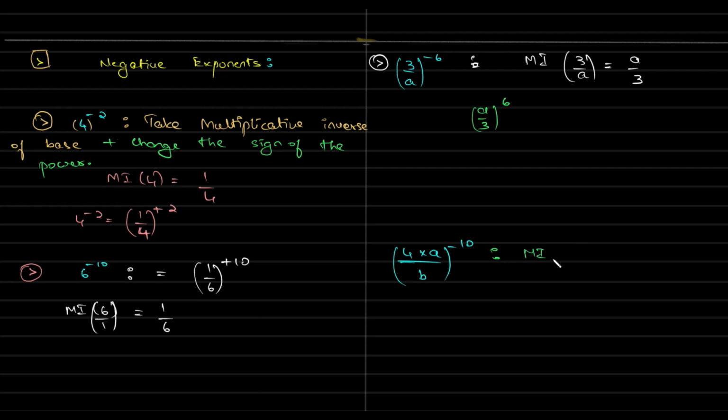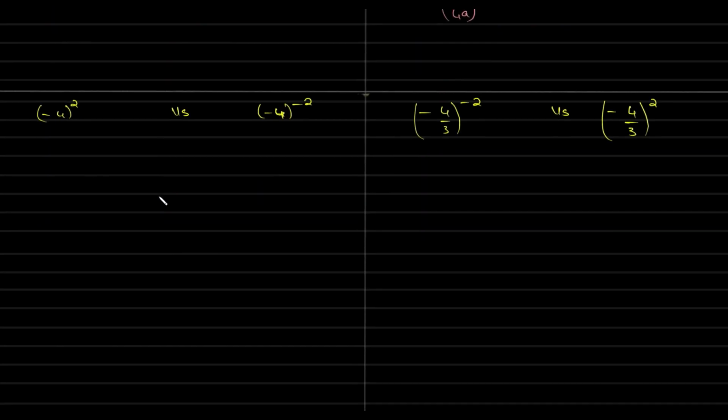What is the multiplicative inverse of 4a by b? That is b by 4a. And now all I have to do is b by 4a to the power of plus 10. Okay, so remember this part, it's not too hard, but still remember it.